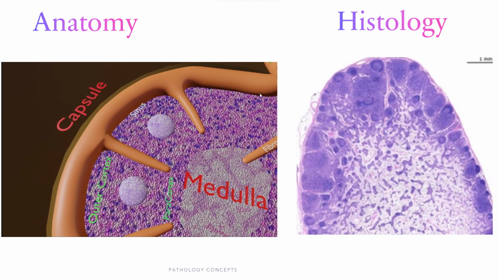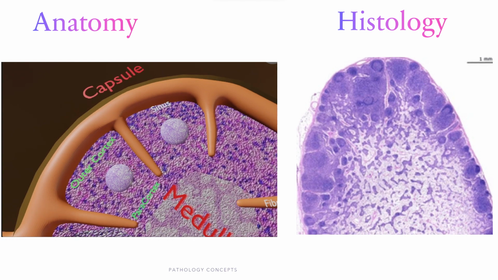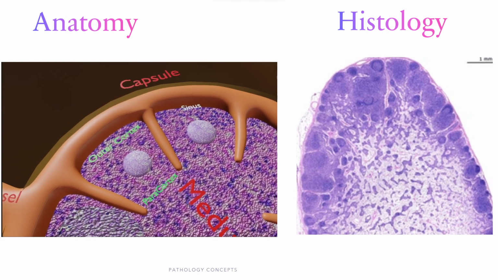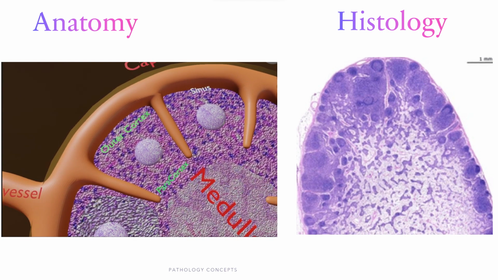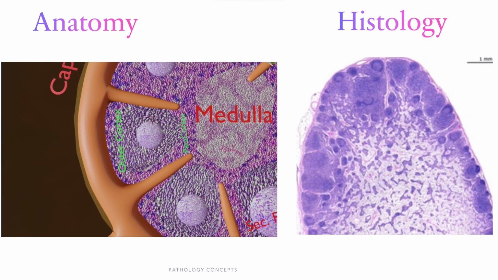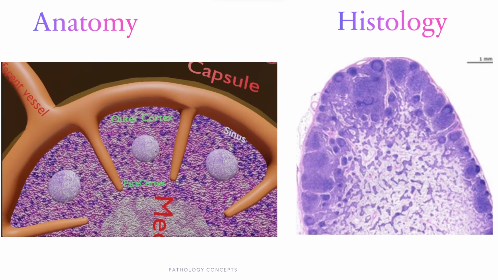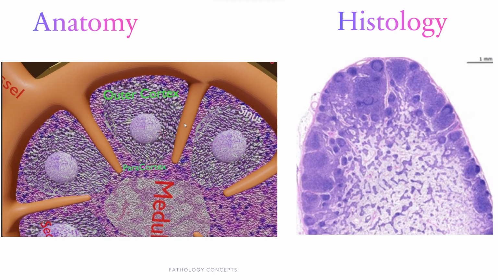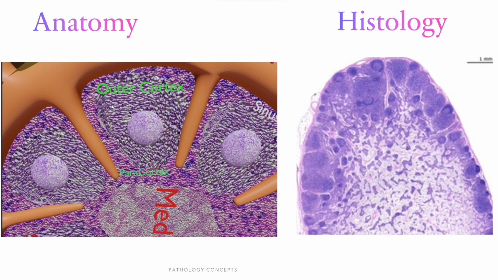Next is the cortex. The cortex of the lymph node is a layer beneath the subcapsular sinus. Beneath the subcapsular sinus, the cortex is formed of the outer cortex and paracortex.